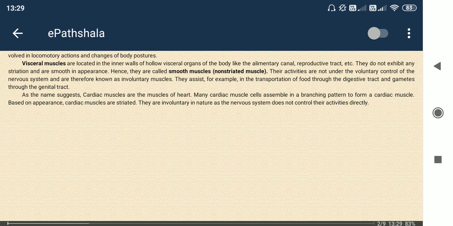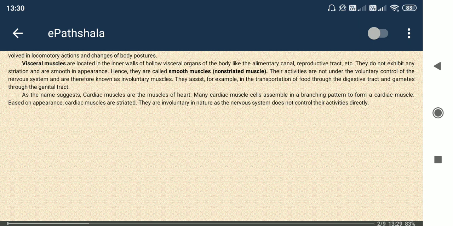Visceral muscle also helps in the contraction of the gastrointestinal tract, that is, the peristaltic movement. The term visceral is usually used to refer to things, organs, cells, or tissues inside the body.